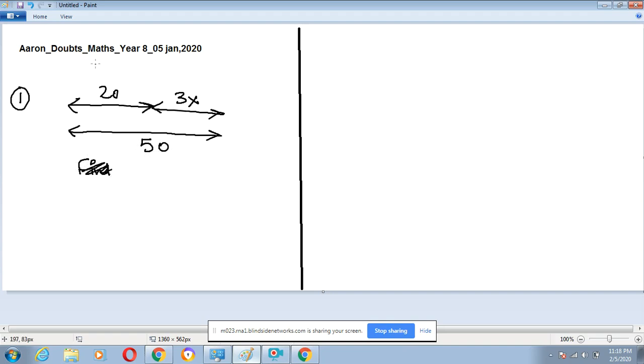Of course, in every question you have to find x. For equation questions, in our class we're only doing those types, find the value of x. Yes.